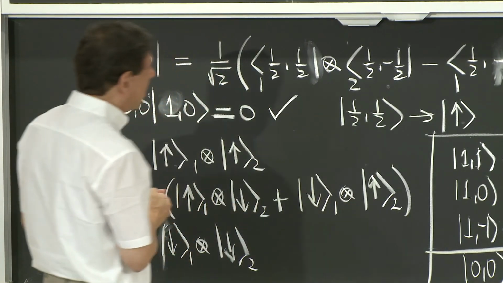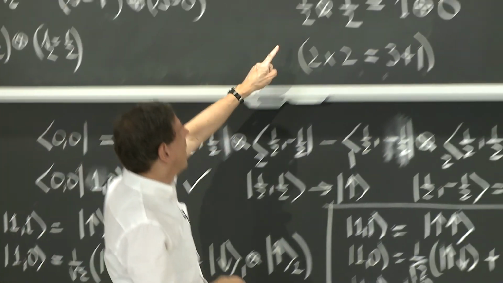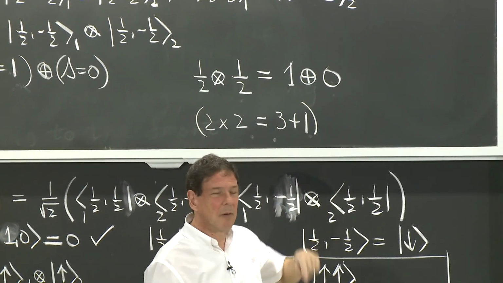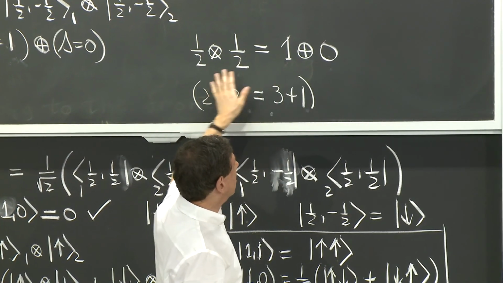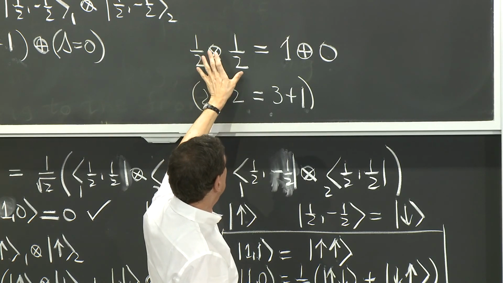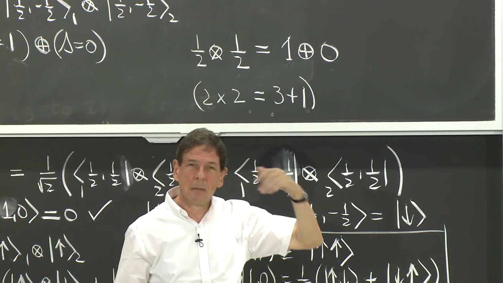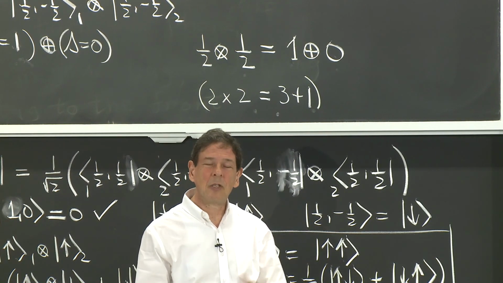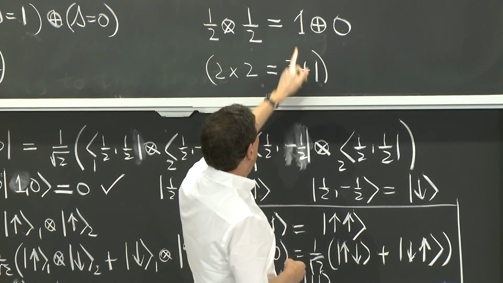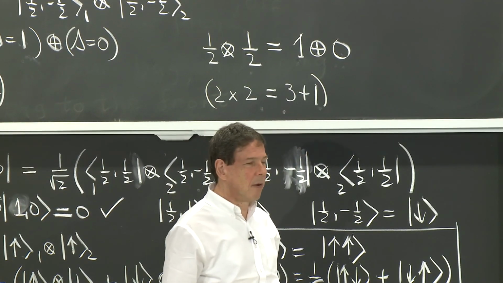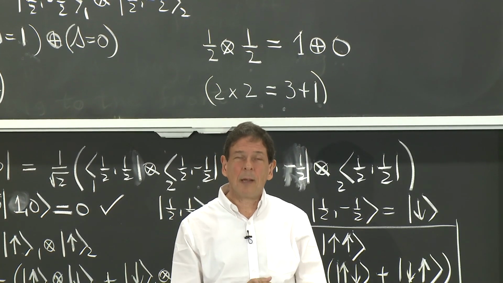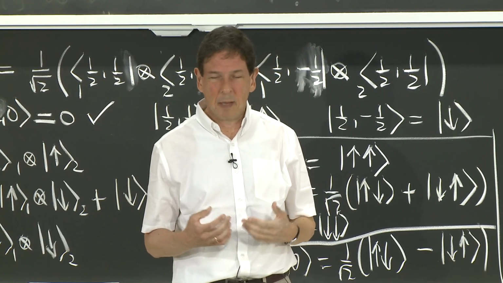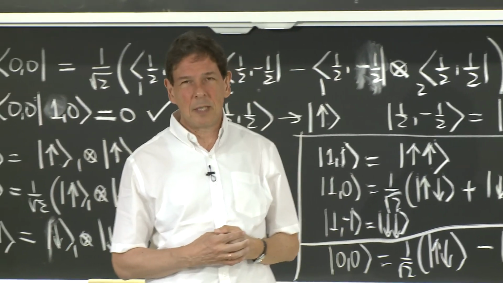So you started with two spin 1/2s, and the angular momenta that appeared were spin 1 and spin 0. So we will want to understand, in all generality, when you tensor product vector spaces carrying certain representations of angular momentum, what representations of total angular momentum appear in the tensor product. So this is the addition of angular momentum for the simplest case.